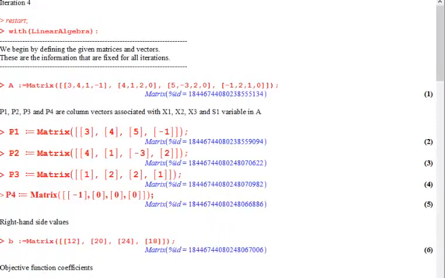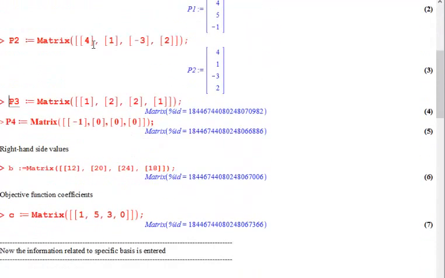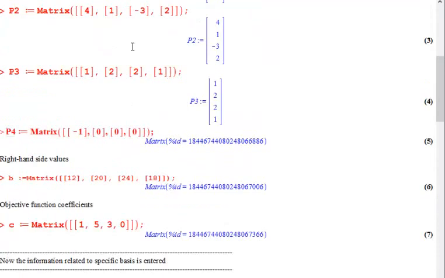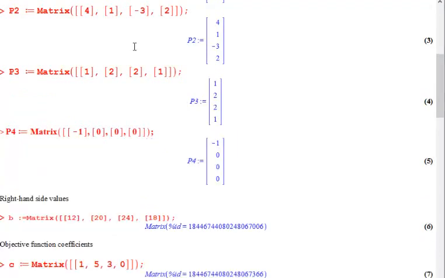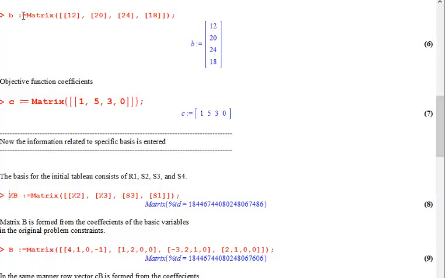Okay, this is what we have, and we're going to go through the same process, defining A's and all the fixed values. Remember, the B matrix and C matrix, they all are fixed values.